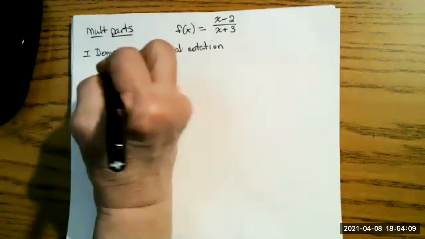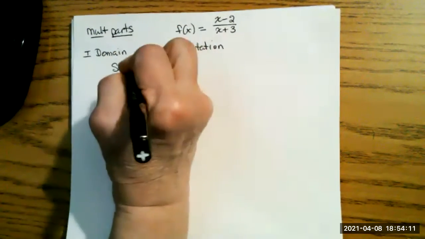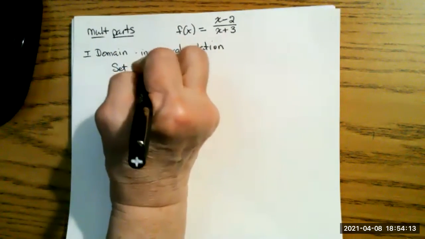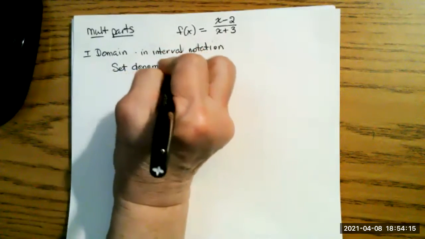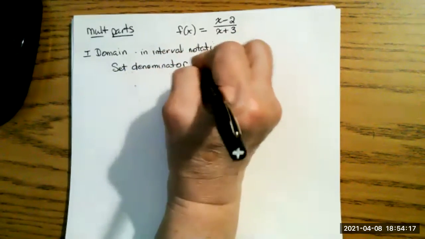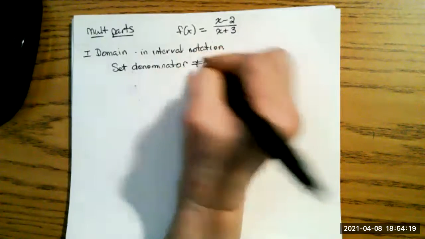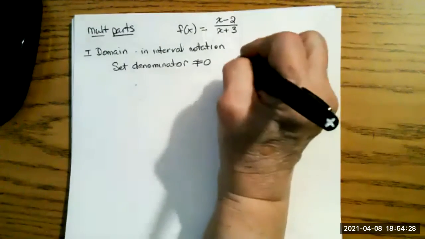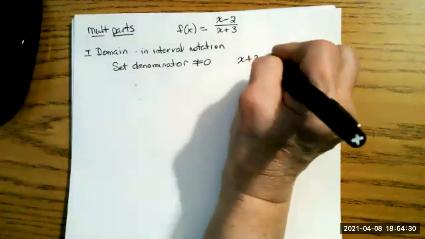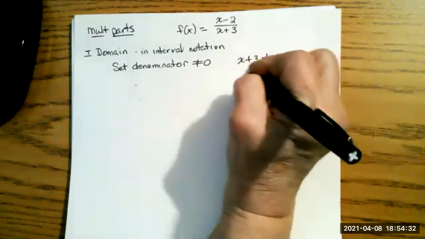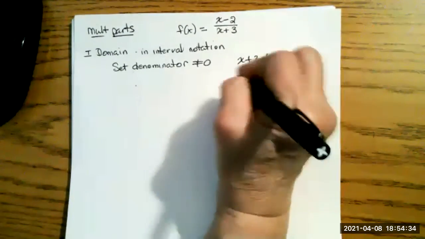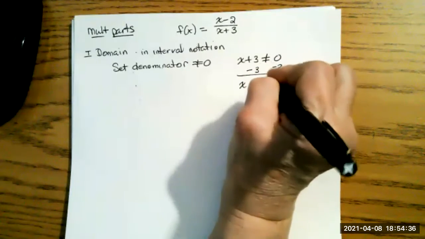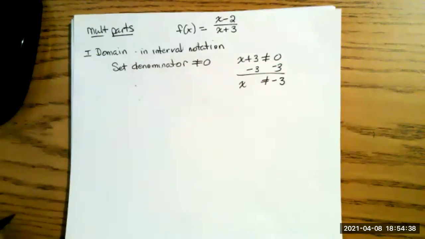So to do this problem, to find the domain, we've done this before, set the denominator not equal to 0, because that's what happens. If the denominator is 0, then it's undefined. So you set the denominator not equal to 0 to find out what number it cannot be. So x cannot be equal to -3.